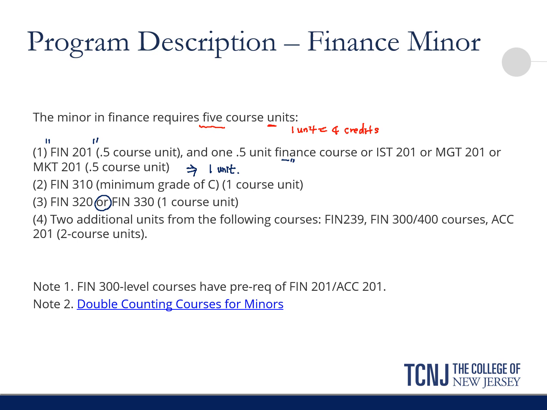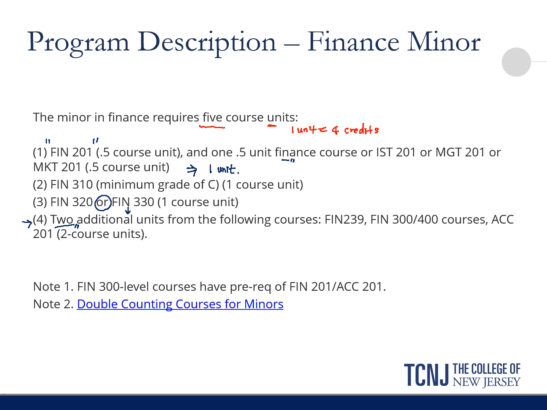If so, you can move one of these 2 courses to item 4, which is 2 additional units from finance courses. And that brings us to the list of courses you can take for item 4: Finance 239, all of your Finance 200 level courses, 400 level courses, along with Accounting 201.